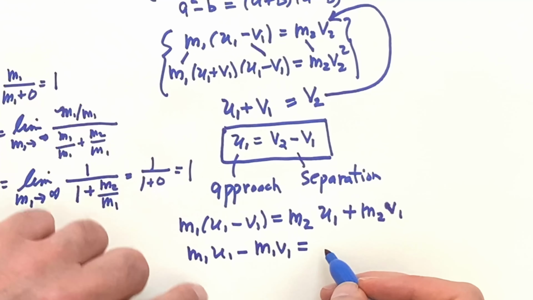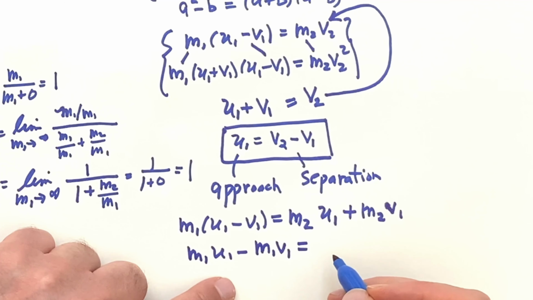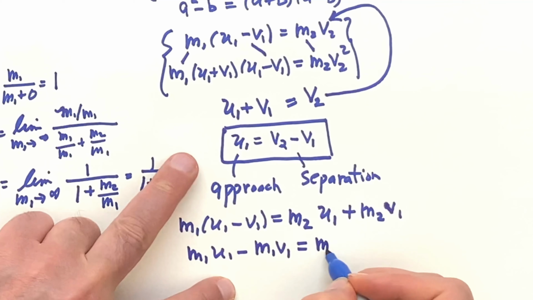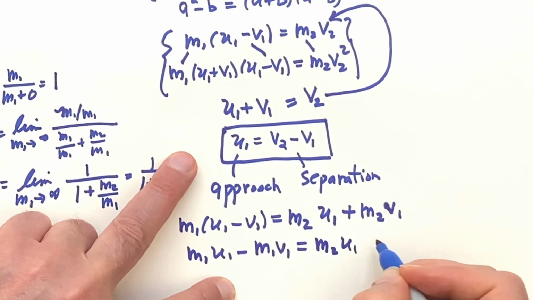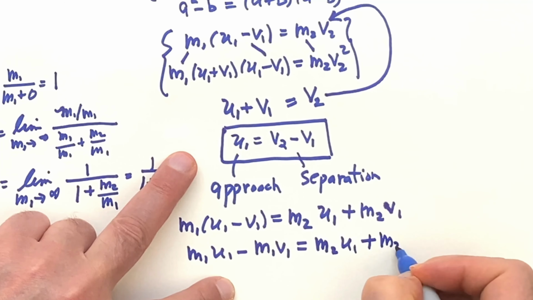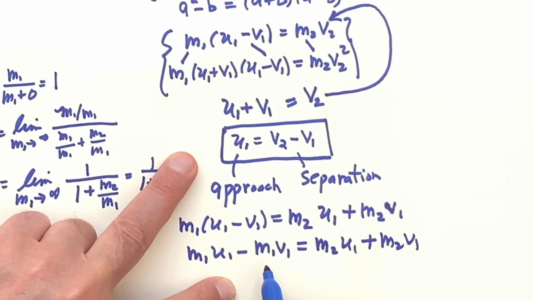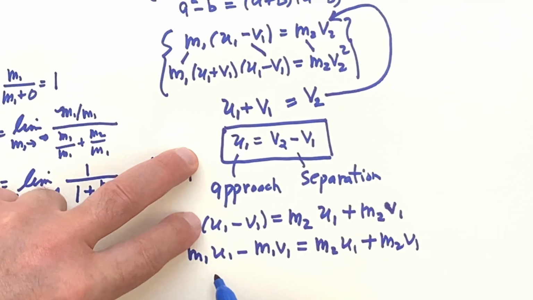And what I want to do here is get the v1 by itself on one side of the equation. So we'll do that by bringing the v1 to the right and bringing this one to the left. So if we come over here to the left with this piece, we subtract.